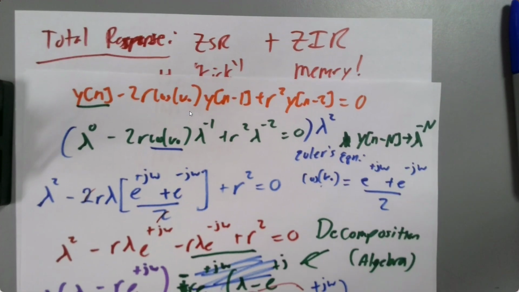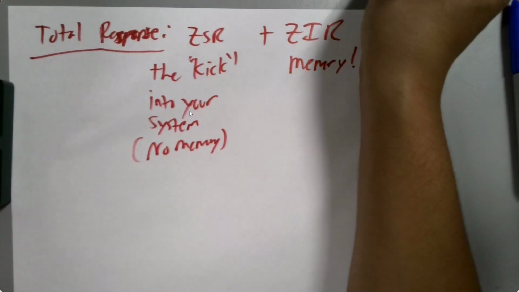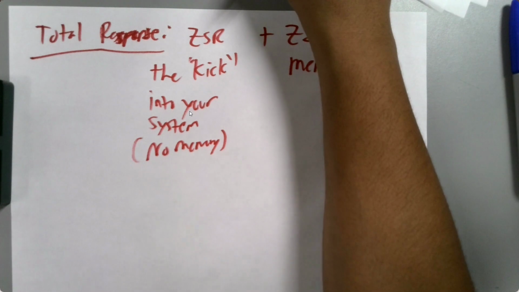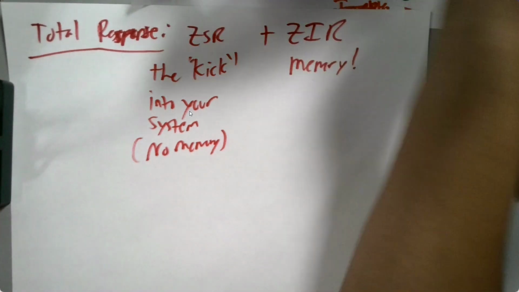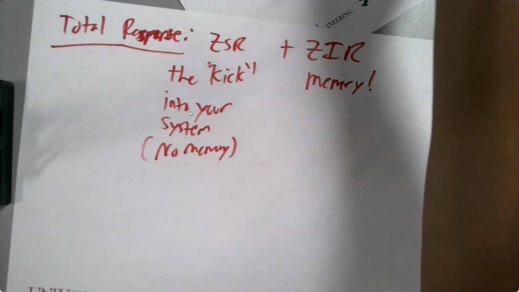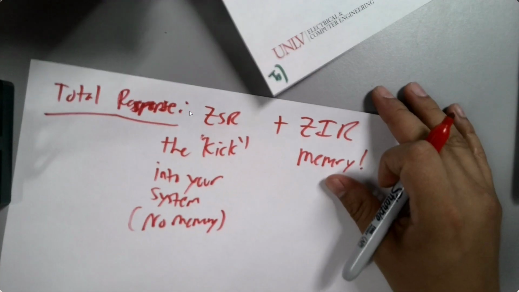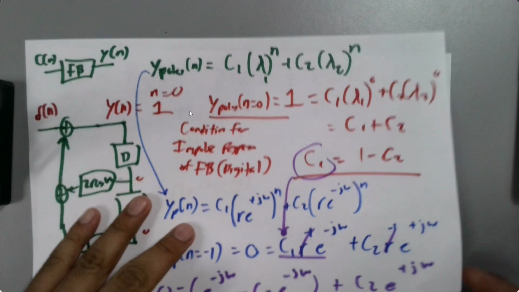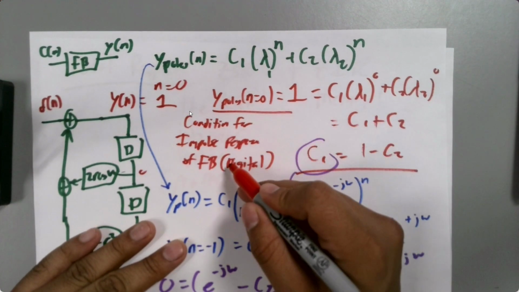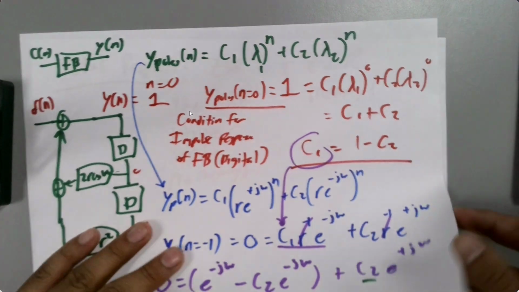So he's going to give you an equation. Where's page 5? Let's see. It's 8.5, right here. This condition is for the impulse response of the feedback circuit.